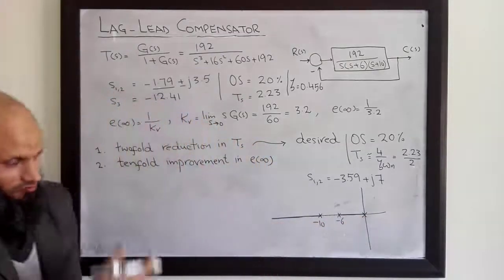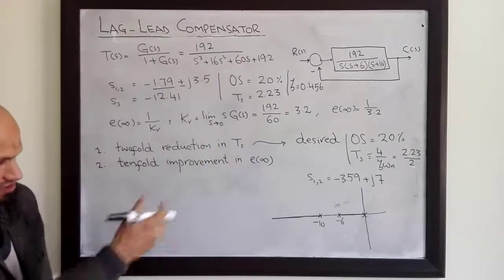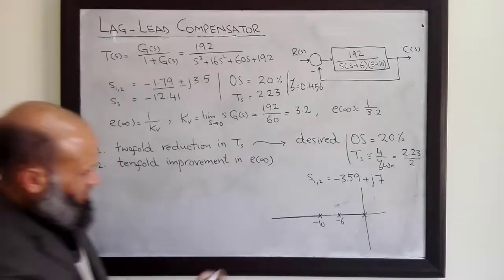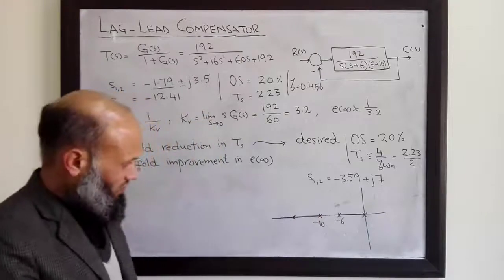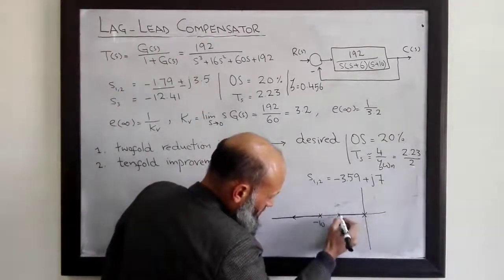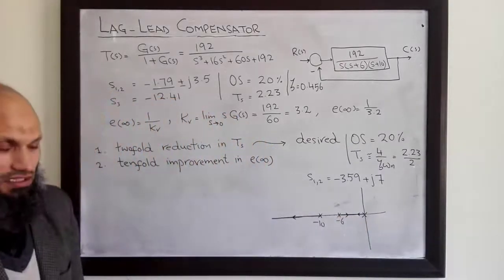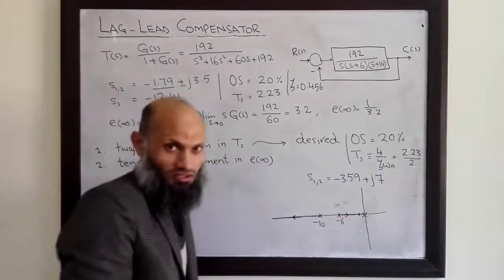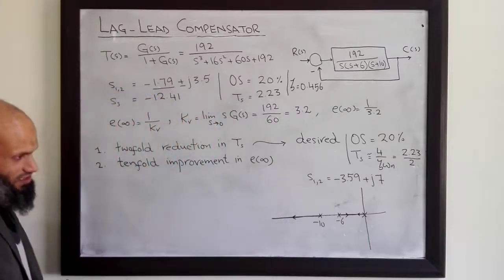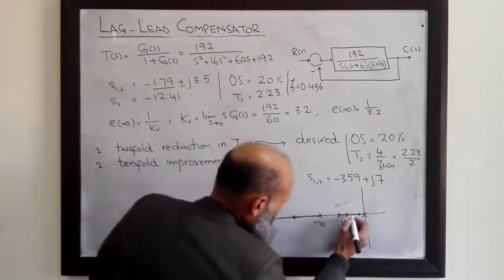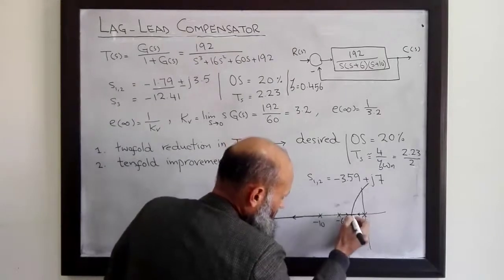Root locus starting from poles, finite poles, will terminate at zeros, which in this case lie at infinity. So the root locus starting from this pole is already approaching infinity. Root locus which emerged from these two poles will follow asymptotic lines to reach zeros at infinity. Angle of those asymptotic lines and center of asymptotic lines can also be determined. So here is a sketch of the root locus for this system.